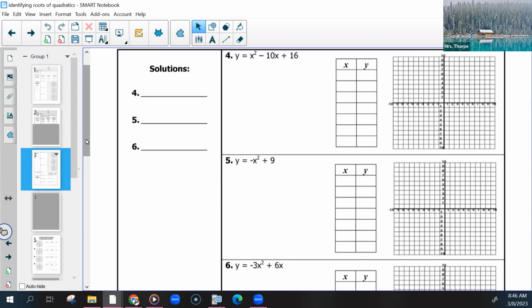Of problems 4, 5, or 6, are there any we want to see or go over? Had questions about? You may have done that during practice. We only did the first three.